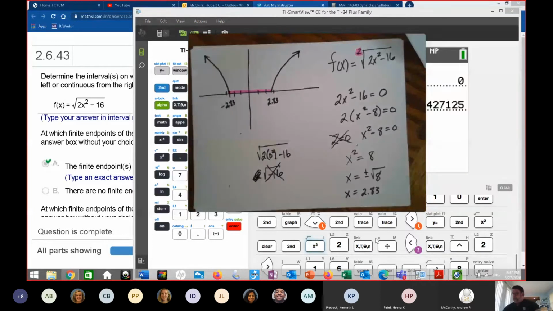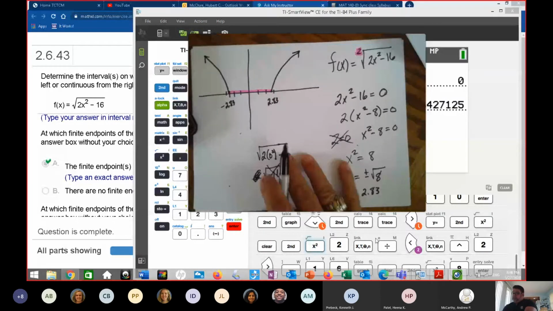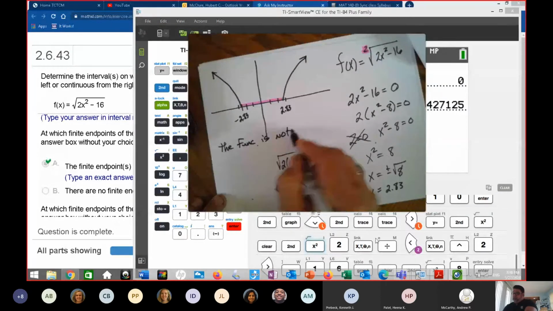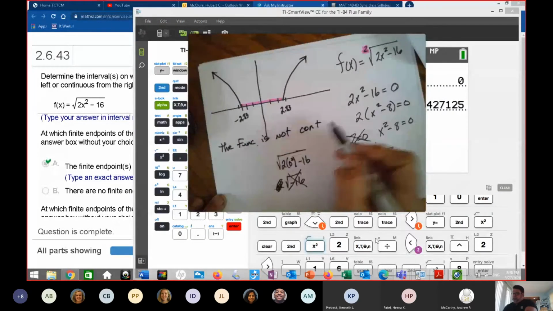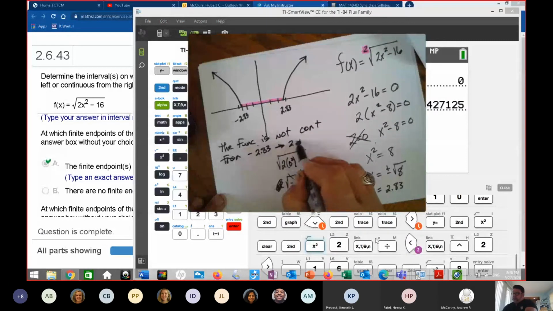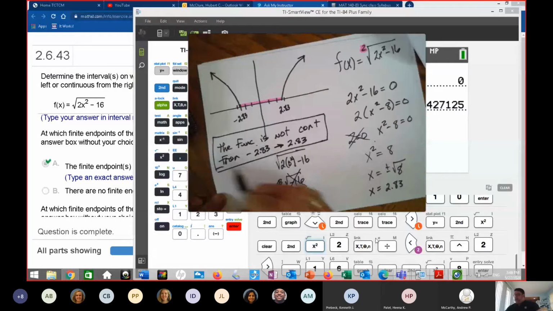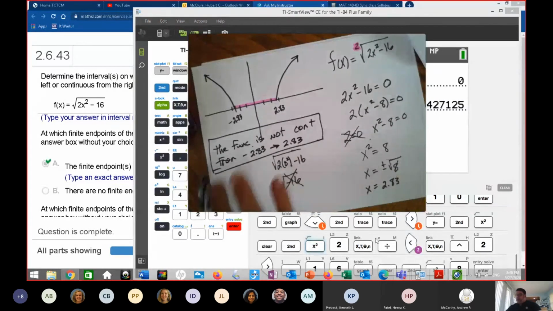The function is not continuous from negative 2.83 to what? 2.83. Now I want to ask you a question. I haven't even looked at the problem, but all of this, probably you should be saying to yourself, oh, I remember how to do that. You should. It's all how they ask the question.